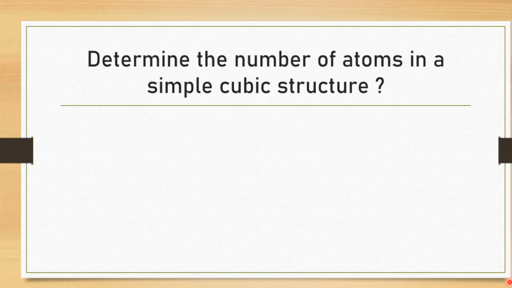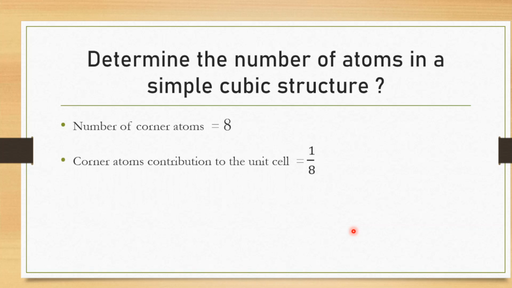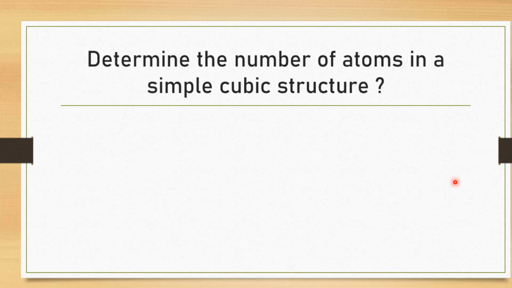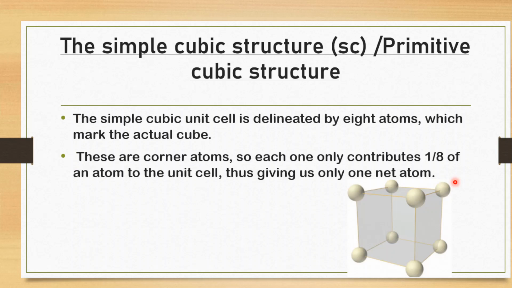It's 8. Then corner atoms contribution to the unit cell is 1/8. We discussed it earlier. This one corner atom is shared by 8 cells.